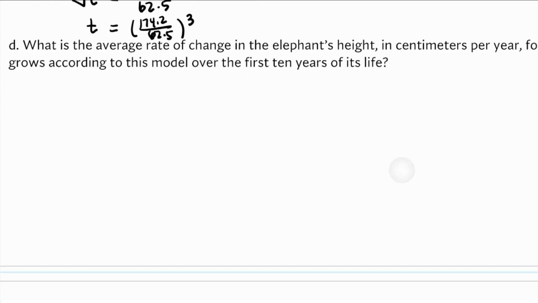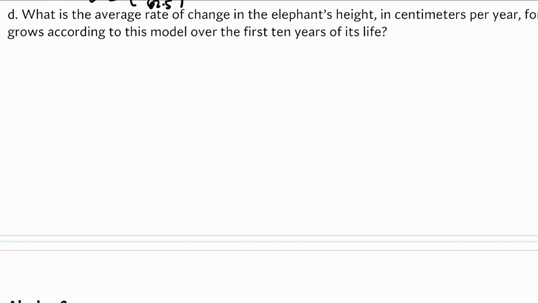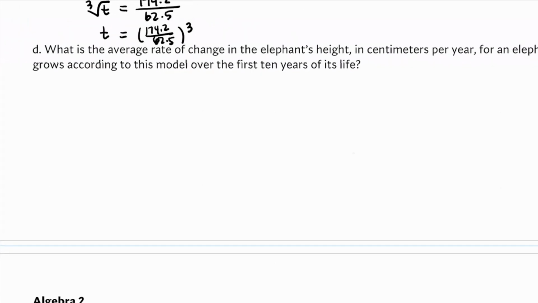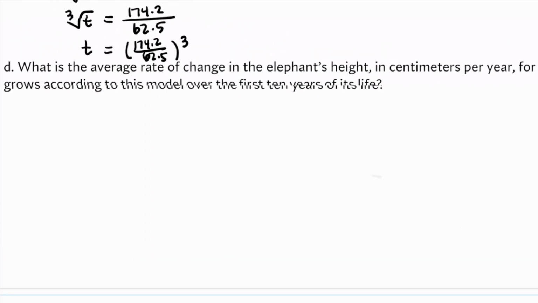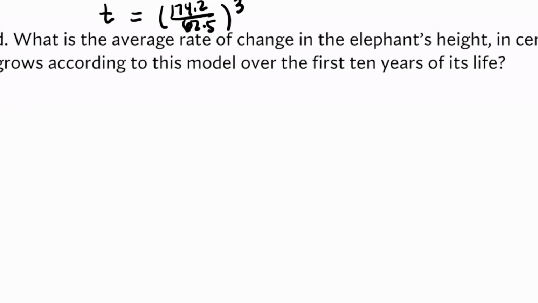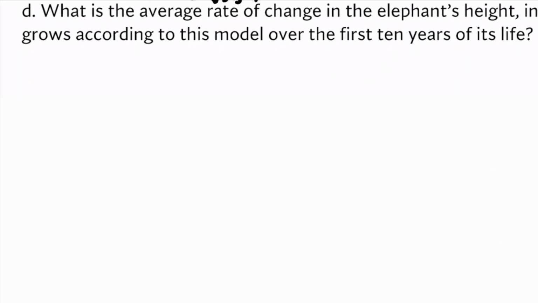All right, what is the average rate of change of the elephant's height in centimeters per year for an elephant who grows according to this model over the first 10 years of its life? All right, so average rate of change, that's just a fancy word for rise over run.